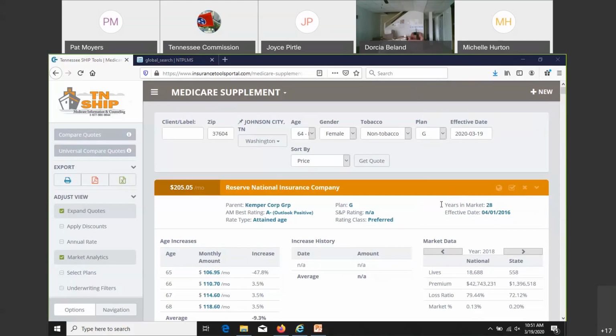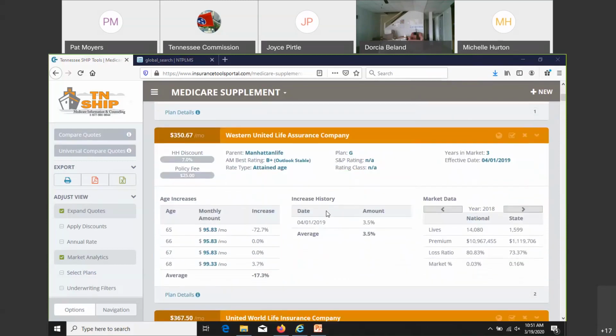Helen asks, would you please explain the increase history information? Is the increase history amount included in the age increases? Helen, the increase history is what this plan has reported for what their history has been in terms of increases. The age increases column is an estimate of how much they will increase on an annual basis.